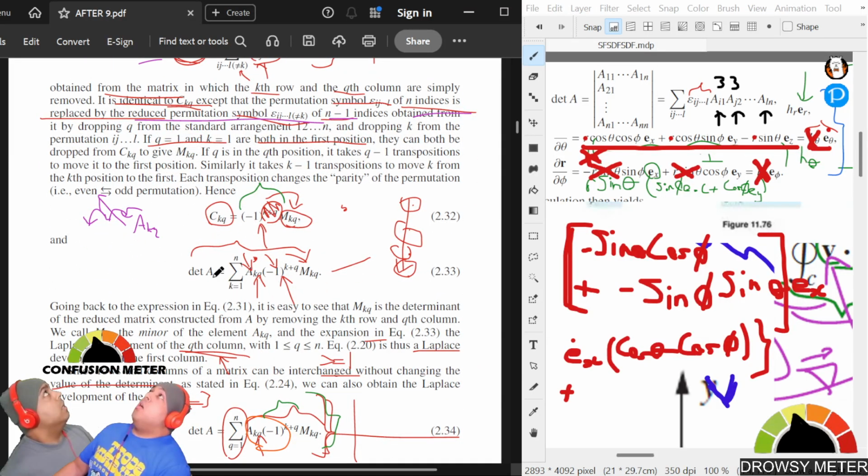So after that, you get the determinant equals the sum of the product of the element AKQ multiplied by MKQ, the minor, and multiplied by -1 to the power k plus q.